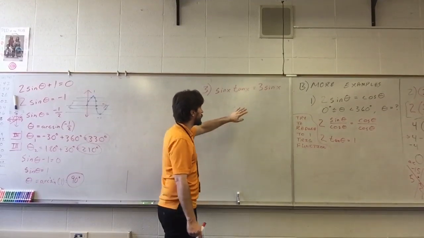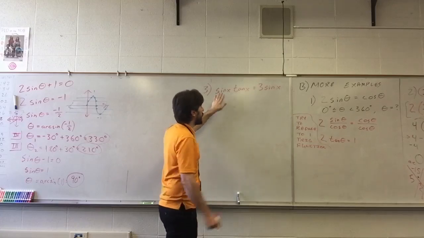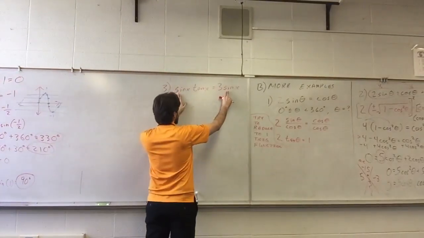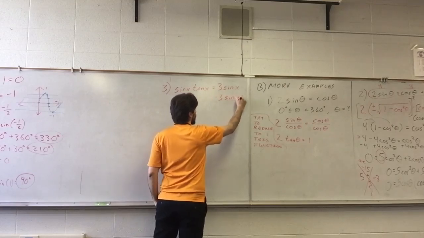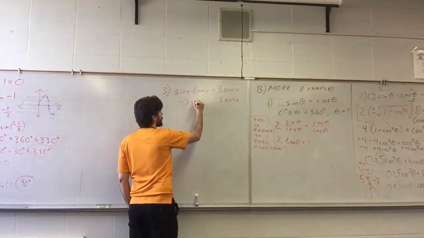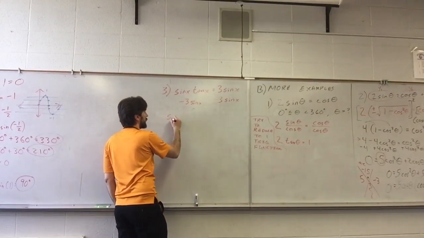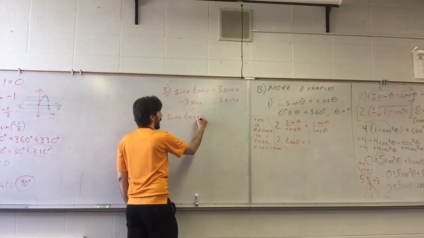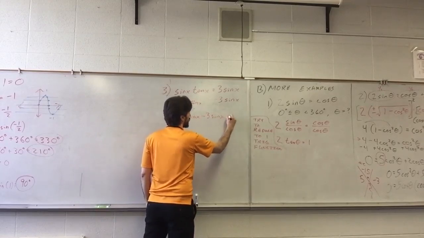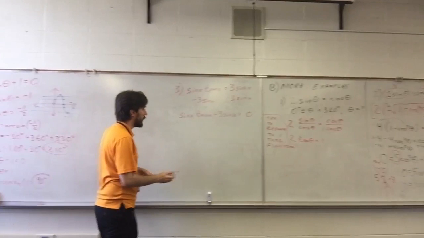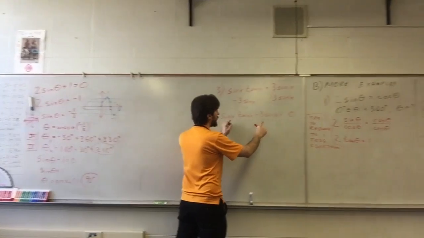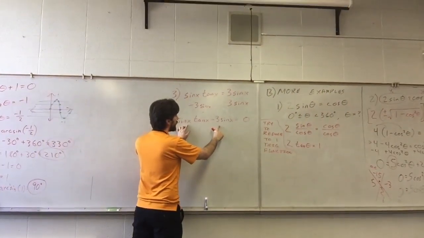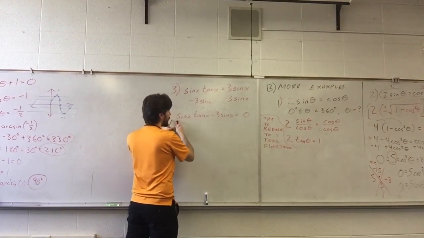Or at least, I don't know if that's the easiest way to solve this problem. Here's what I'm going to recommend you do. When there's a trig function on both sides that match, so these match, here's the trick. Subtract the right side to get them all on one side. And then if you look at that, the reason this is great is because they both match, so I could just factor that out.